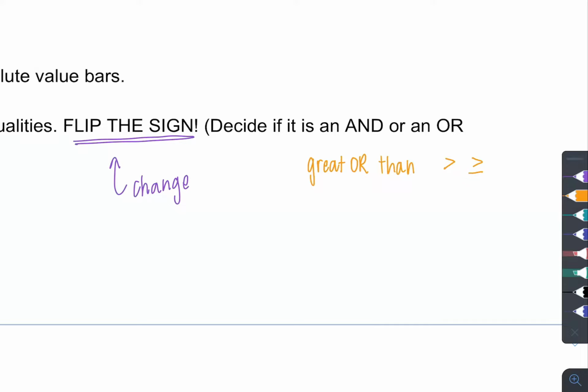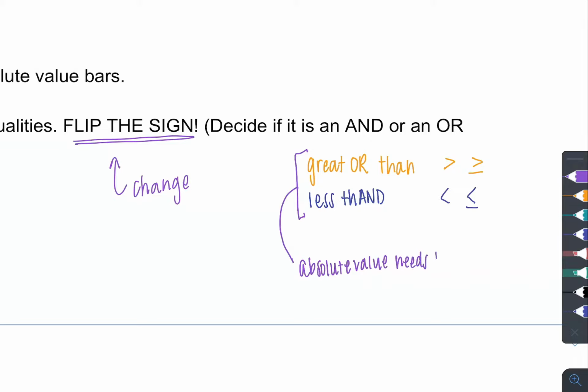Or we might have less than, which our signs would look like this. And in order to do these two things, we have to keep in mind that our absolute value needs to be on the left.